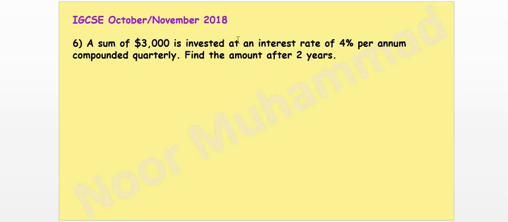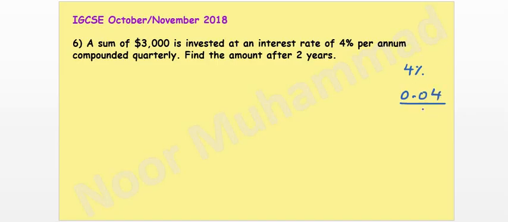Now here, because they are saying this 4% is for the whole year, but you invested it quarterly, that means that you have to divide this 4% by 4 to know what will be the amount of, you can say, interest per quarter. Do you get my point? Like this 4%, if you change it into decimals, it will become 0.04.